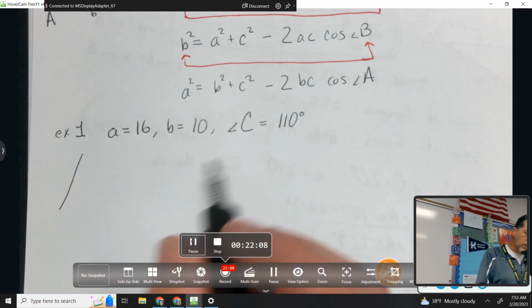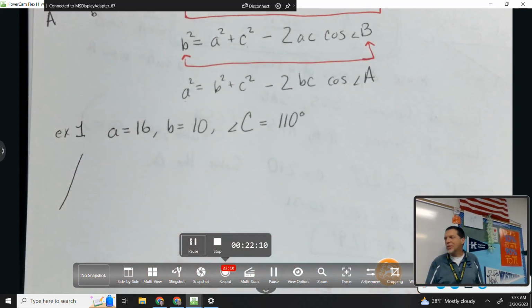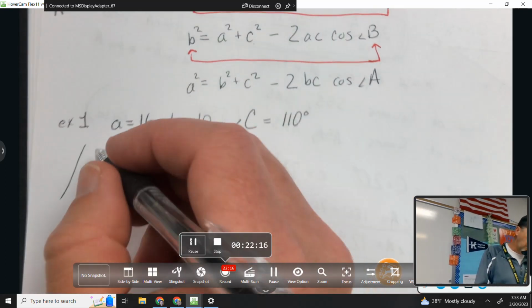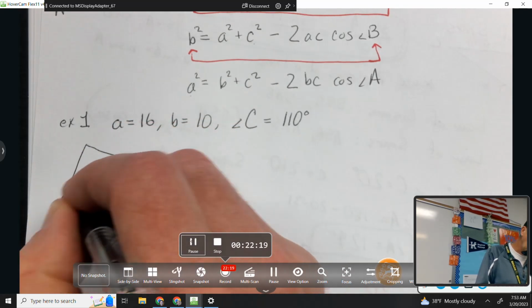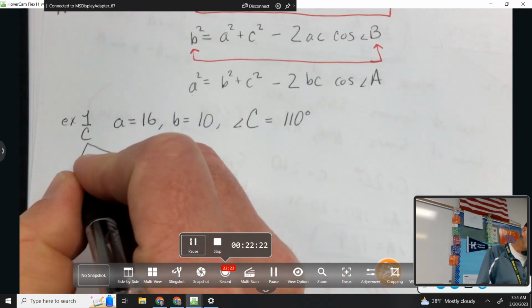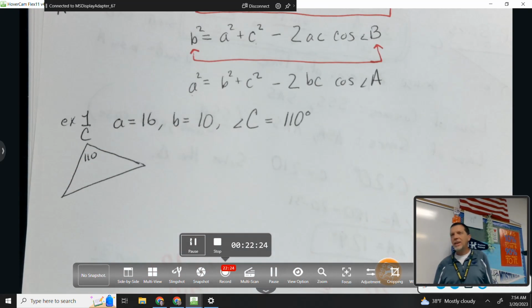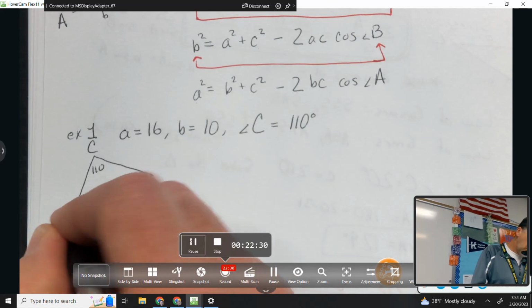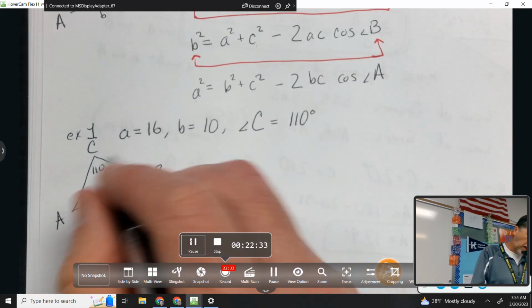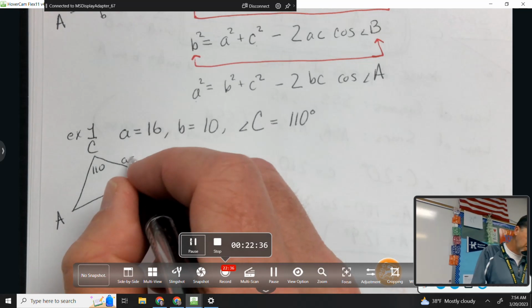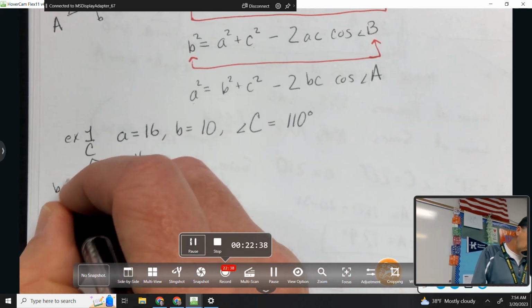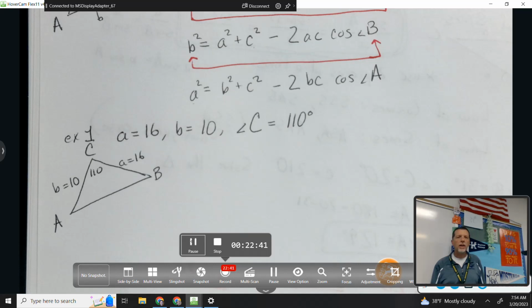Again, you can use the angles to sort of try to draw it to scale if you want to, but it doesn't really matter. 110 is bigger than 90, so if I have an angle that's bigger than 90, maybe I should make that angle C. But again, drawing it to scale doesn't really matter. In fact, it might mess up who gets labeled what. Side a across from angle A, side b across from angle B, and I know angle C.